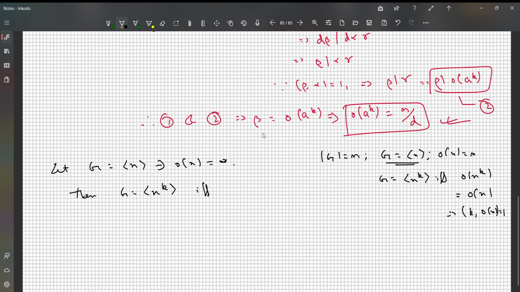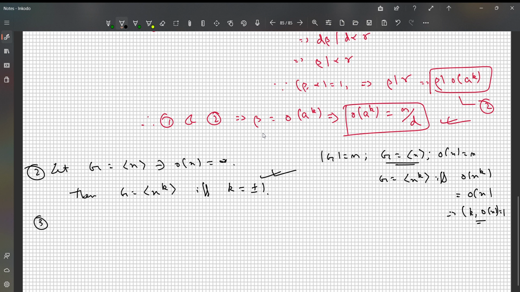But in this case, since the order of x is infinity, the only possibility is when k is equal to plus or minus 1. So this is one obvious observation, and the other is stated as the corollary.